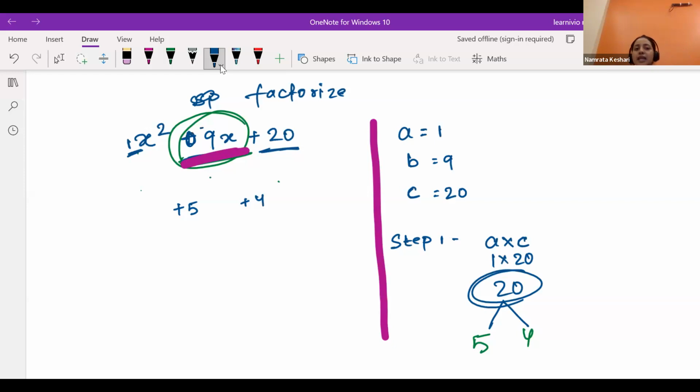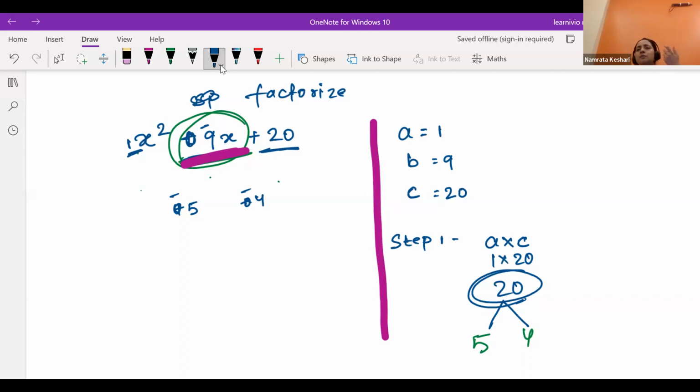If it were -9x, I would take -5 and -4. I don't have to think now about the multiplication of AC, that is the number 20. We will just think that AC is this number. Now, which two numbers can be used? Both plus, both minus, that we will not think about. Otherwise, we will end up getting confused. Just two numbers you have to figure out.